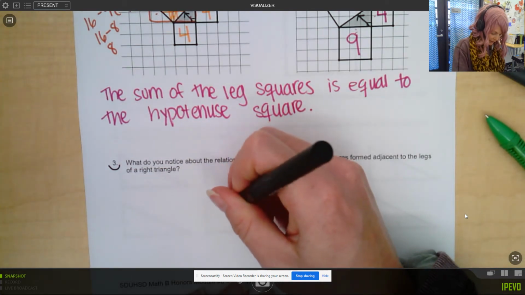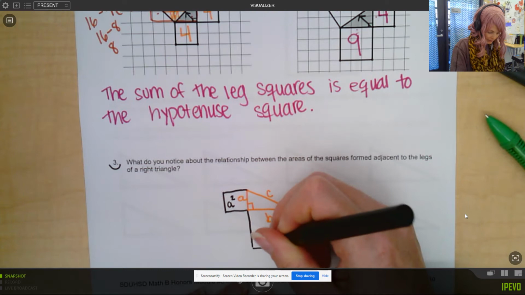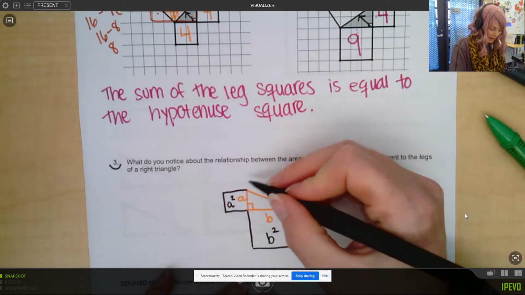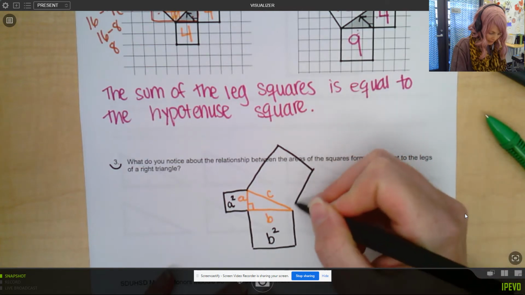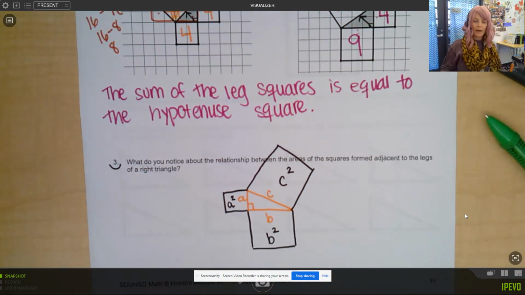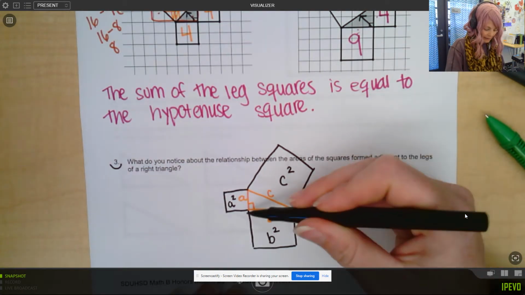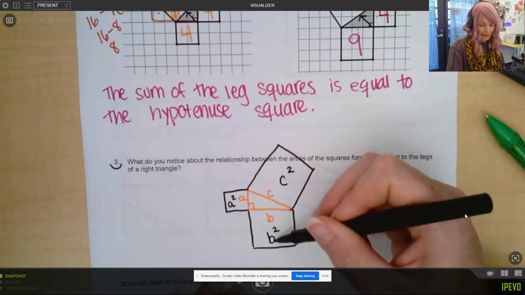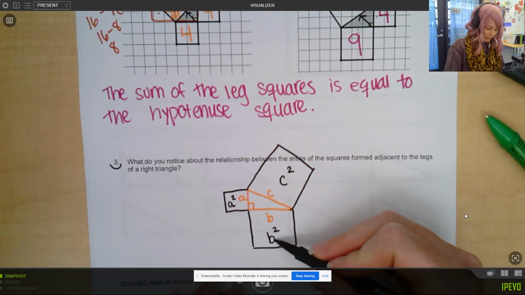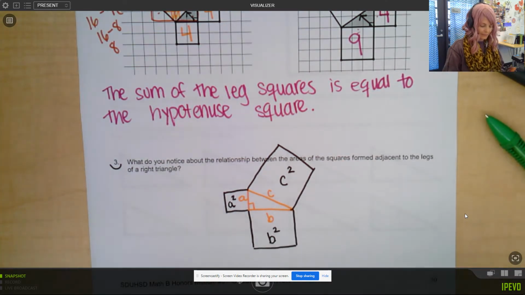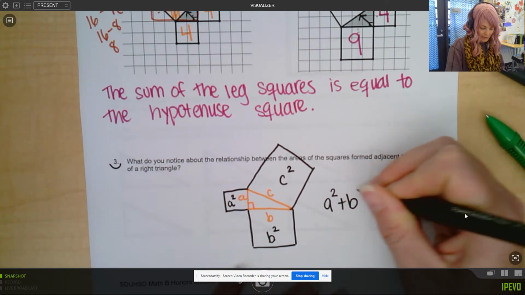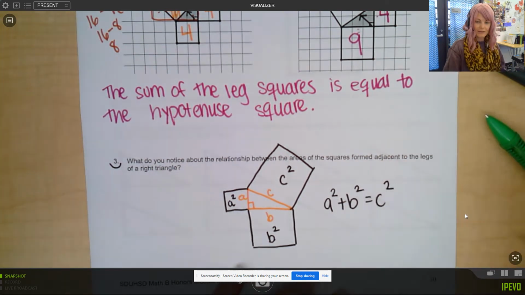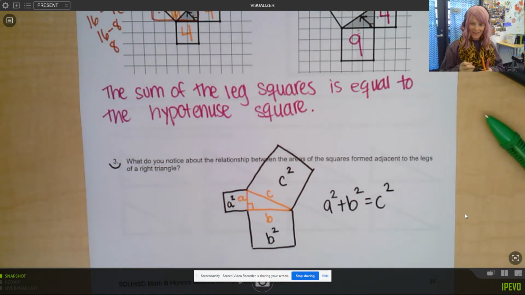This would have an area of A squared, this would have an area of B squared, and this would have an area of C squared. We know that because the side length of a square squared is the area, and the square root of the area is the side length. We notice that A squared plus B squared is equal to C squared, the Pythagorean theorem.